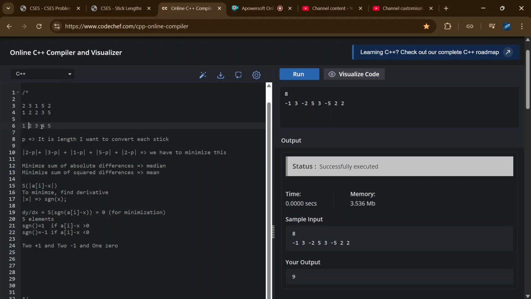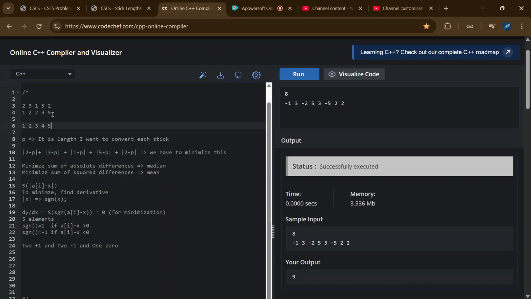So the answer would be 3. That's the median, because for 1 and 2 it would be negative, for 4 and 5 it would be positive, and for this it would be 0. So overall the answer would be 0, so the derivative is 0, hence minimum.